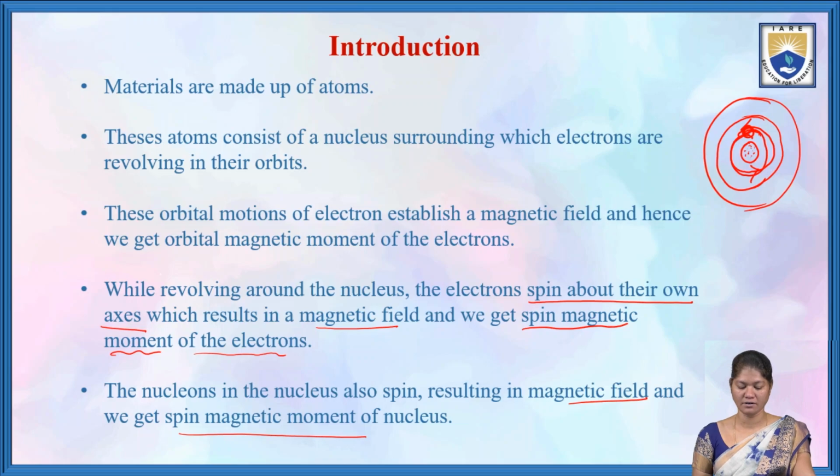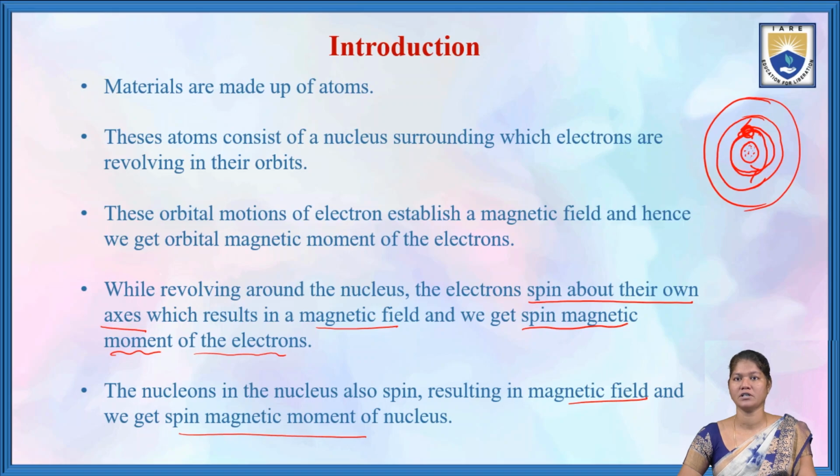So there are three types of magnetic moments. One is due to the orbital motion of the electrons, revolving around in their orbits. The second is when the electrons revolving around the nucleus spin about their own axis, giving a magnetic field; that is called the spin magnetic moment of electrons.